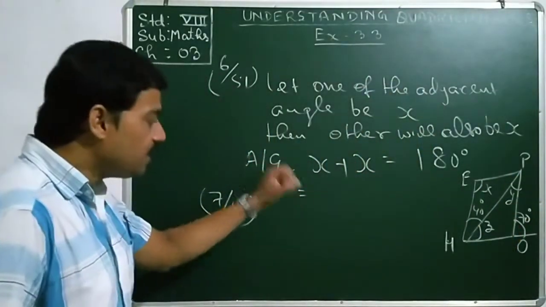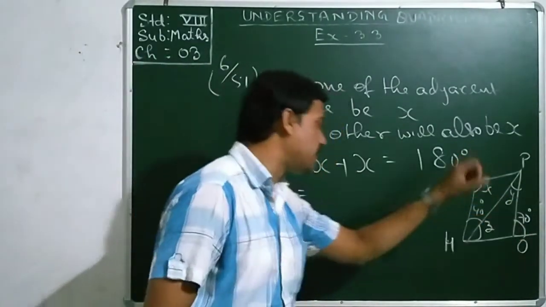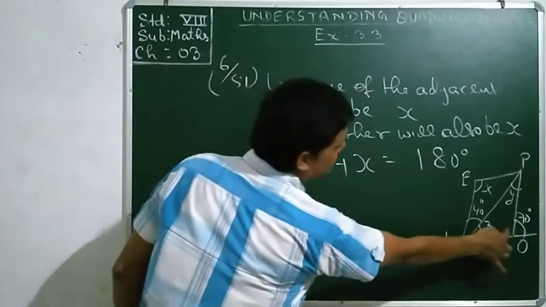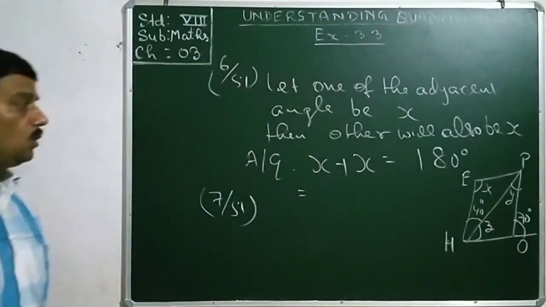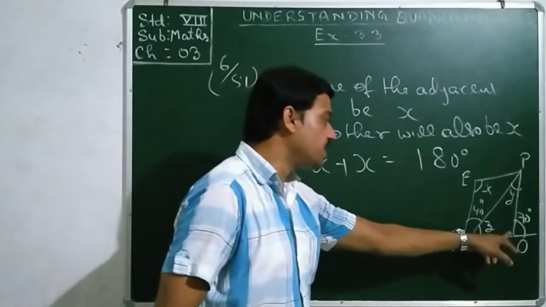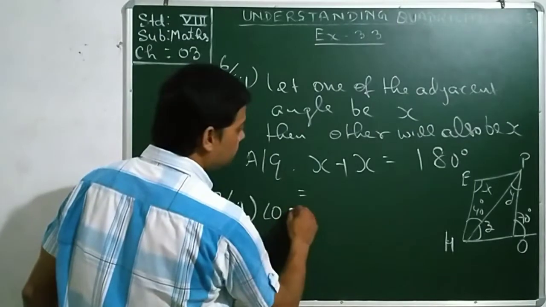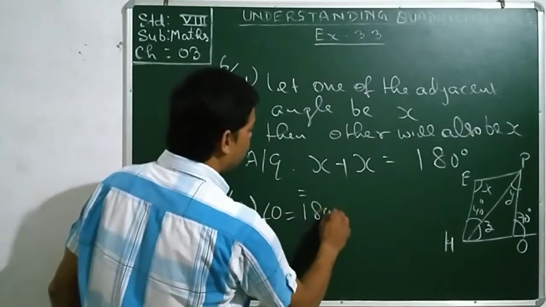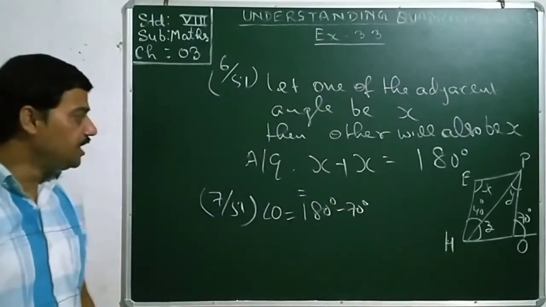Very simply, to find out the measures of the angles, to find out x, we need the measure of angle O, that is interior angle O, and to find interior angle O equal to 180 degree minus 70 degree, because they are linear pair.